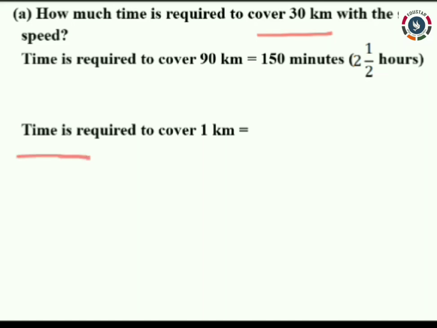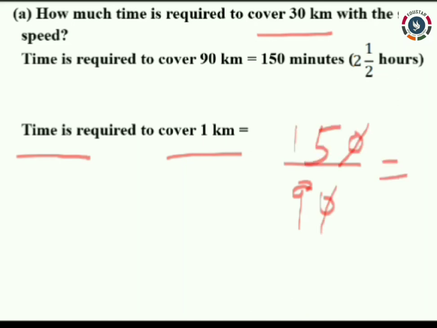Here time is the unknown value and distance is the known value, right? So for covering 90 km, it will take 150 minutes. Do cancellation. Next 15 and 9 are both divisible by 3. You will get 5 by 3. Time required to cover 1 km is 5 by 3.